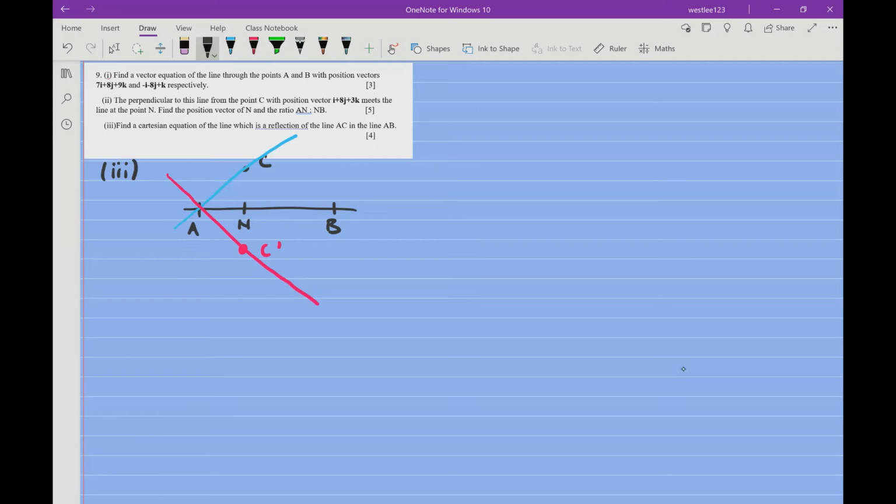first thing we need to do, before we even talk about the line AC prime, we need to find what is OC prime. All right, so using the ratio theorem, ON equals OC prime plus OC over 2, because N is the midpoint of C and C prime.